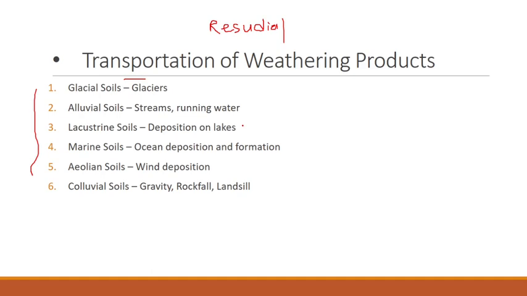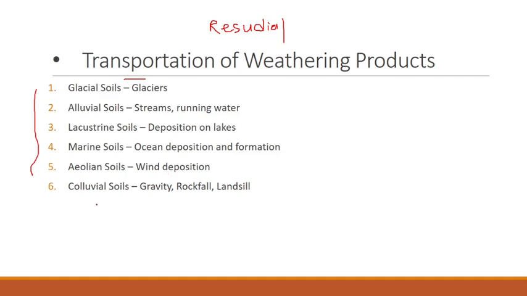The third group is formed by deposition in quiet lakes. And the other group is formed by deposition in the seas. The next group is related with wind deposition, transported and deposited by wind.